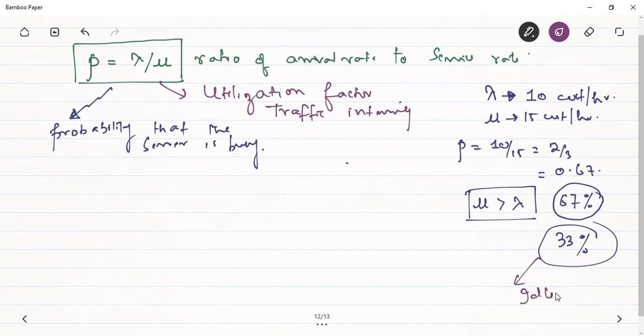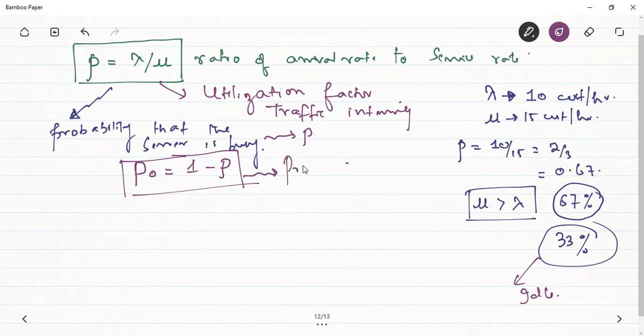So the probability that the server is busy is given by rho, whereas the probability that the server is idle is given by p naught, which is equal to 1 minus rho.